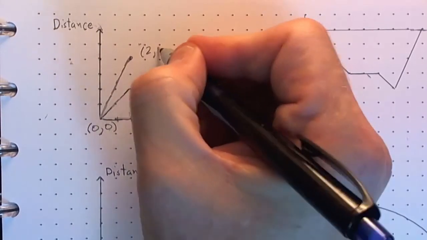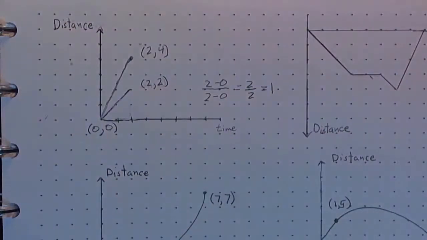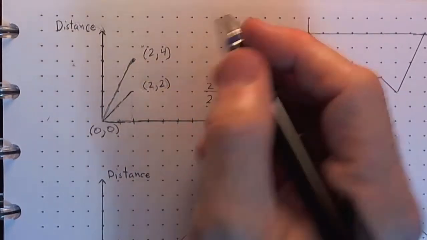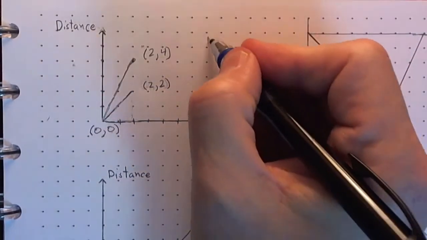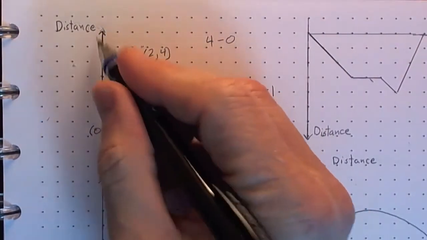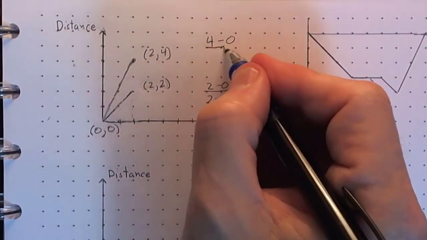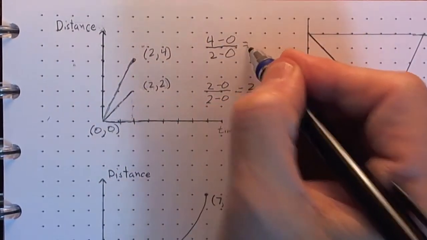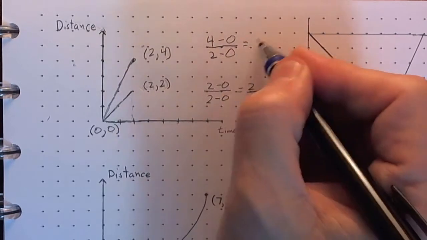So we've got 2, 4. Now notice it's steeper. But we still calculate the slope the same way. We take the change of the y's, I'm calling it y because we're used to thinking of the vertical axis as y, over the change in the x's. And we get 4 over 2, which is 2.